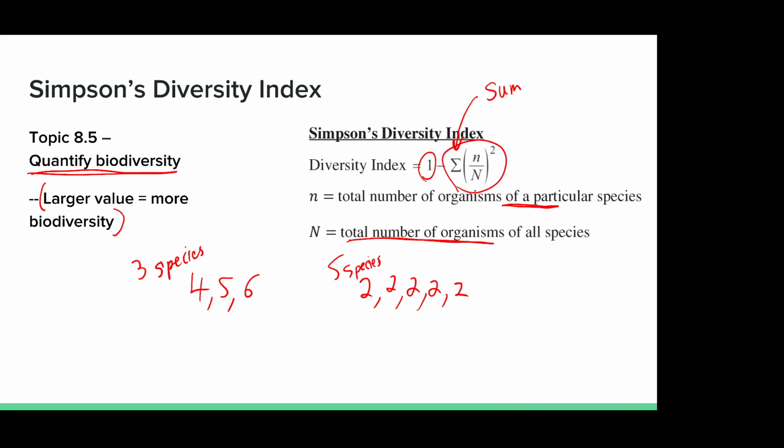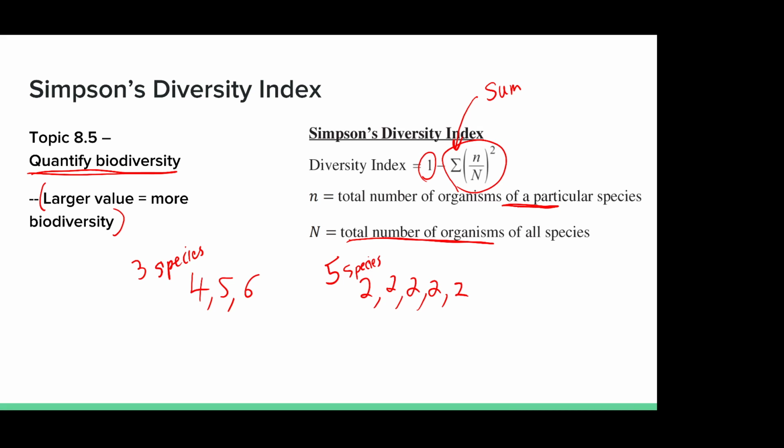Of course we would want to conclude that the community with 5 species is more biodiverse than the community with only 3 species.